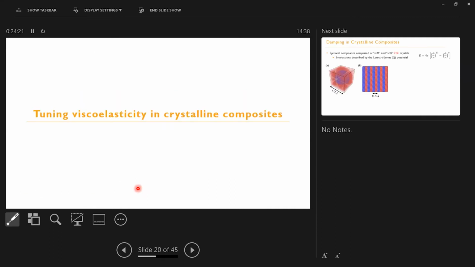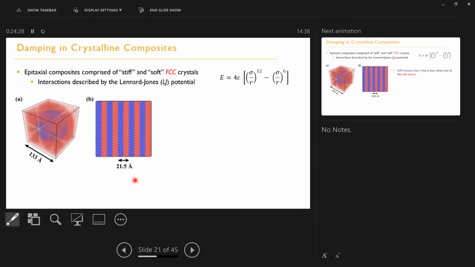Okay, so let's briefly look at what interesting results we obtained in terms of the crystalline composite. So as I mentioned, we have two types of interactions here, what we call the stiff interaction and the soft interaction. These are the two materials that I've shown here. The red is the soft phase, the blue atoms are the stiff phase. And the beauty of such a simple model is that we could make use of simple Lennard-Jones terms, okay, for describing these interactions.